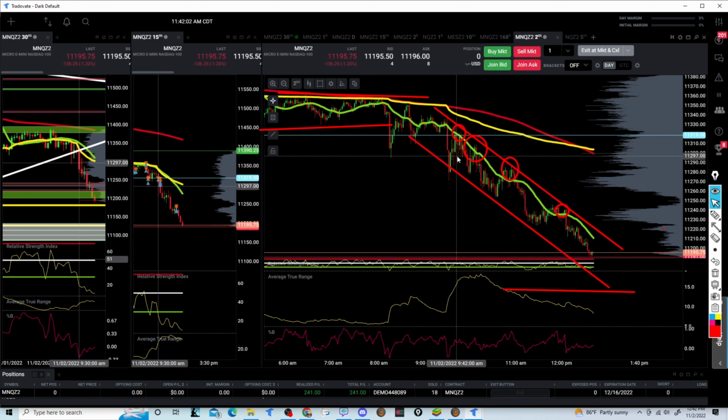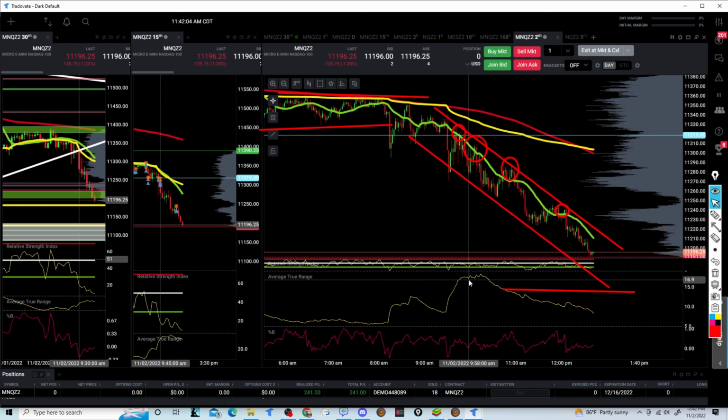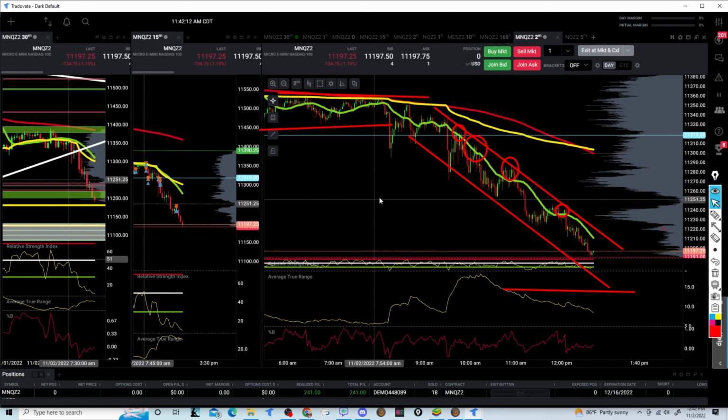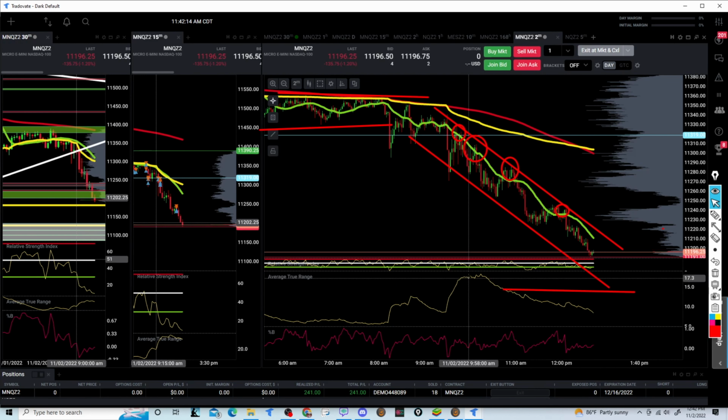The average true range in this area was about a $17 move, okay? So you should be looking to capture at least a $10 move, all right? You never want to try and profit from the entire actual or the average true range, all right? If you want to be consistently profitable, don't be greedy, okay?